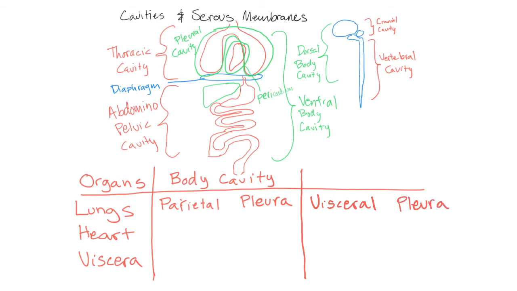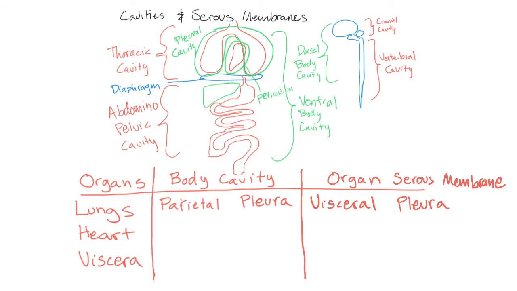Okay, and then you have serous membrane surrounding, again, the organ itself. And for the lungs, this is called the visceral pleura.